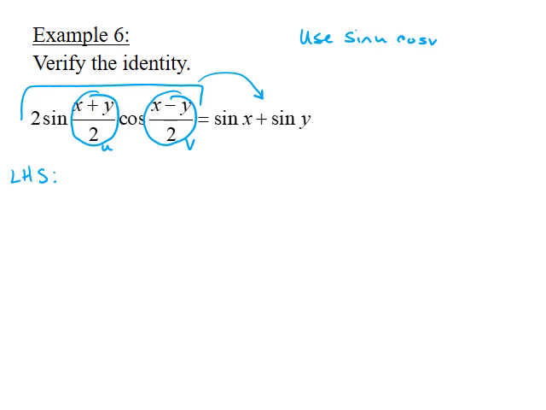I'm going to keep this 2 on the outside. So then I have 2 times 1/2 of sine of u plus v, so this is u, this is v, plus sine of u minus v.